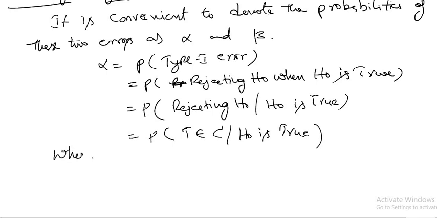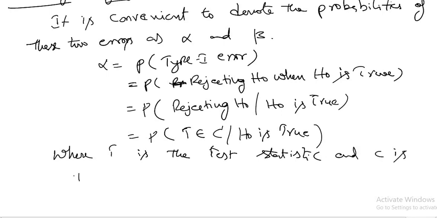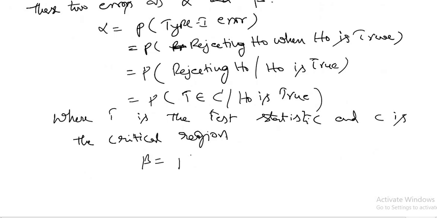Where T is the test statistic and C is the critical region. Now define beta. What is beta? Probability of type 2 error. What is type 2?